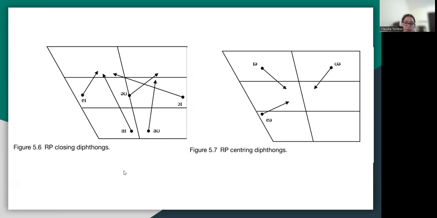For example, we have closing diphthongs where the position is more open and then it changes to closed. And we have centering diphthongs where from more closed, we reach a more central configuration.